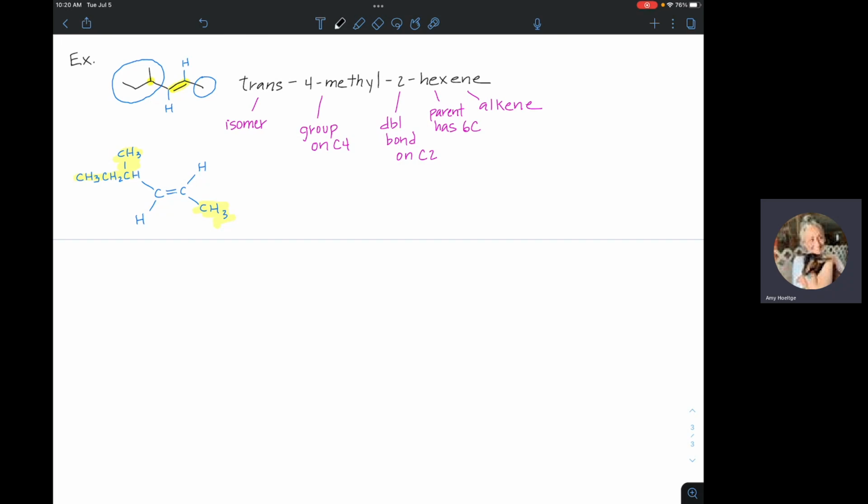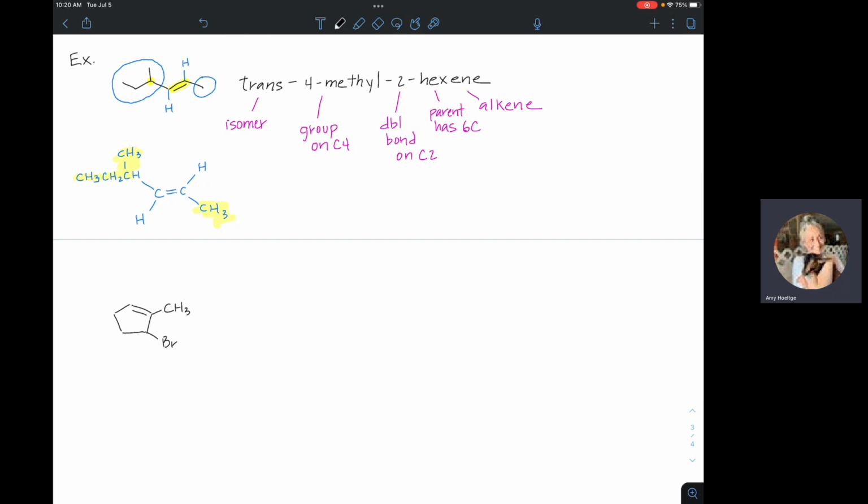Let's use a cyclic compound. We'll name one of these. Okay, with cyclic compounds, we're going to be numbering around the ring, giving the alkene or the double bond priority. In other words, you're going to have to give it the lowest possible number.